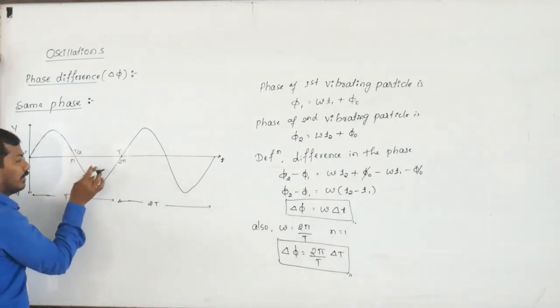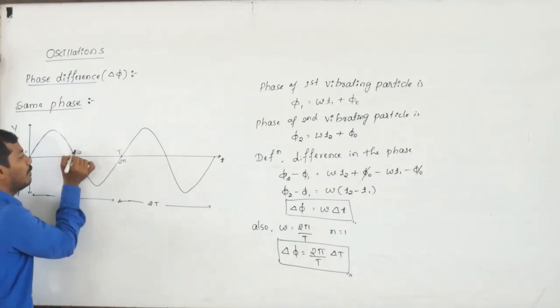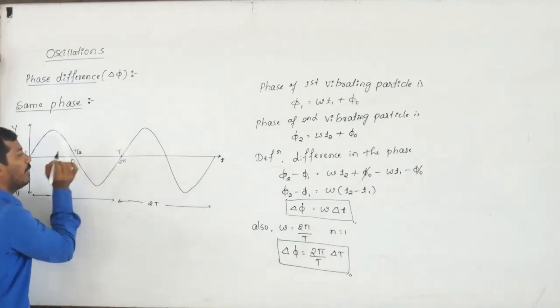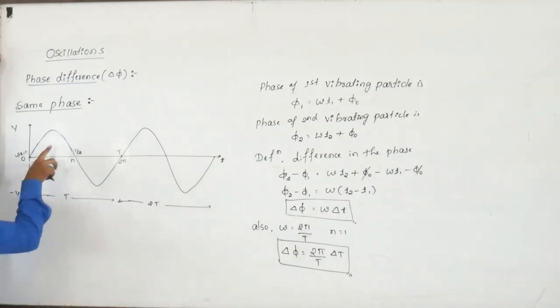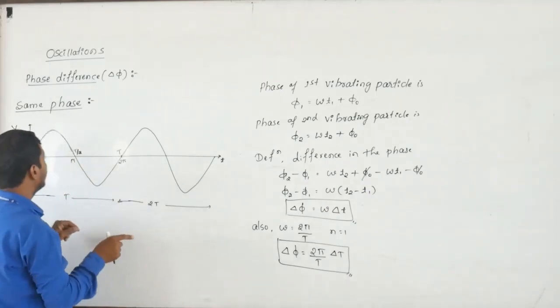When the trough starts from T by 2, it means these two are in opposite phase, in opposite direction. Next, what does same phase mean?